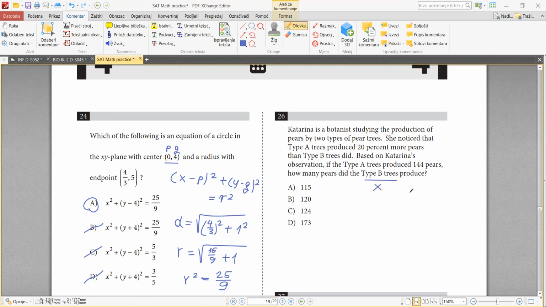So we'll mark number of pears by type B trees as X. And we know that 144 is equal to 1.2 times X. So 144 must be 20% more than X. When we divide by 1.2, we'll get X equals 120.